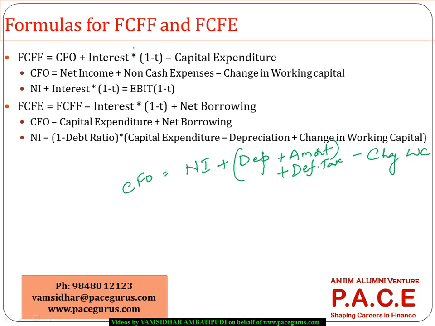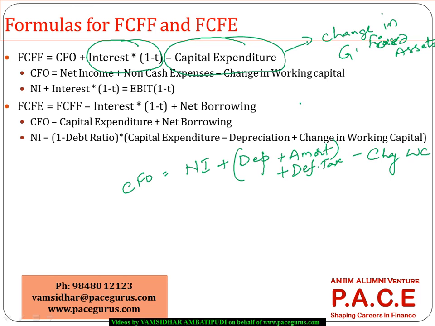To this cash flow from operations, I add interest into 1 minus T, and I subtract the capital expenditure for that year, which is nothing but change in fixed assets. Capital expenditure is nothing but change in gross fixed assets. That is what we call capital expenditure.